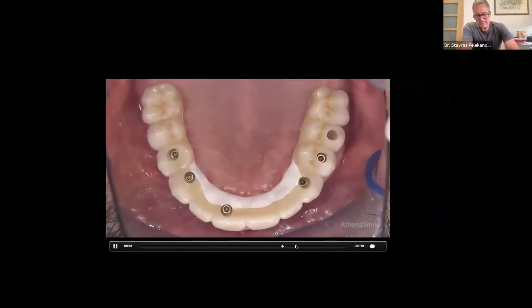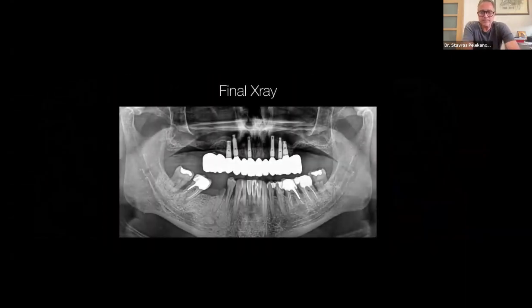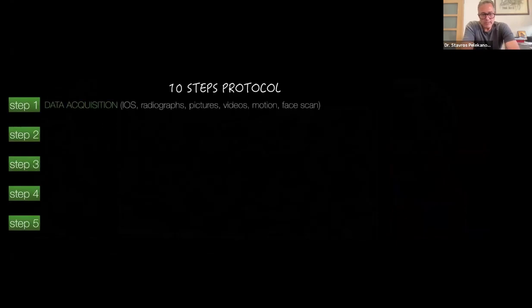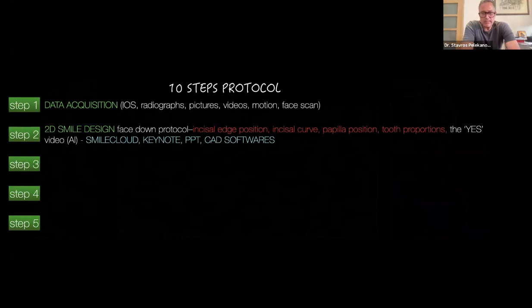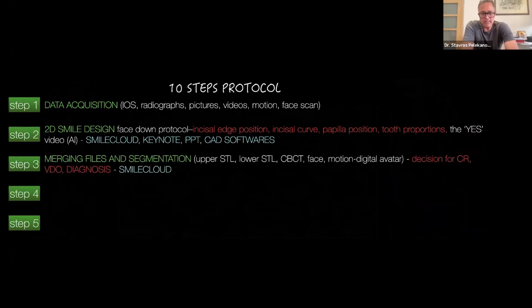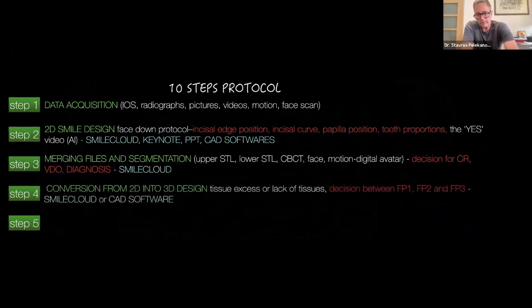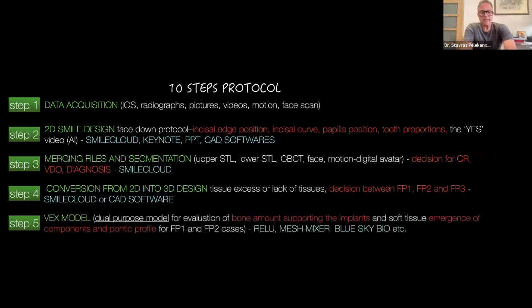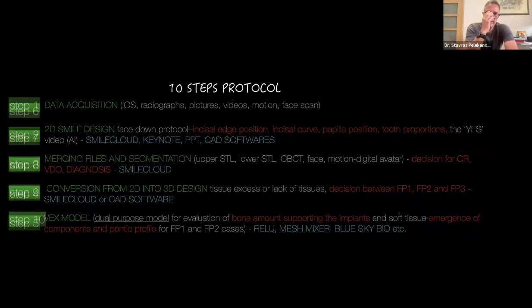Time flies, so summarizing the steps. Step number 1 is data acquisition. Step number 2 is the 2D smile design. Step number 3 is the merging of the files and the segmentation. Step number 4, the conversion of 2D into 3D design. Step number 5 is the VEX model, as we already mentioned.